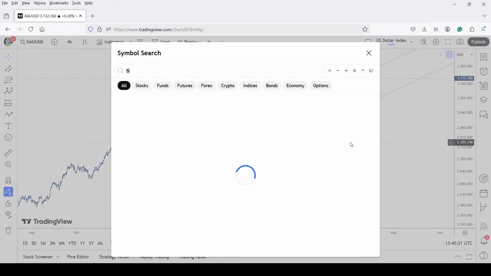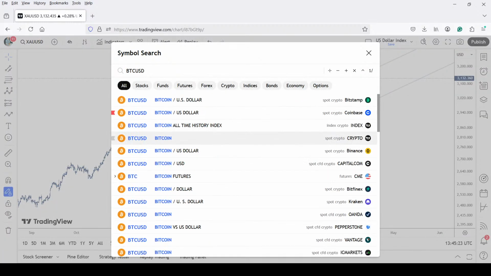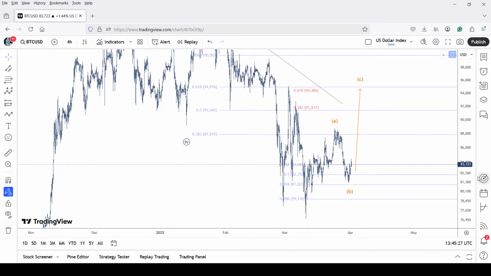And if we have a quick look at what Bitcoin is doing, here's the 4-hour chart for Bitcoin as well.